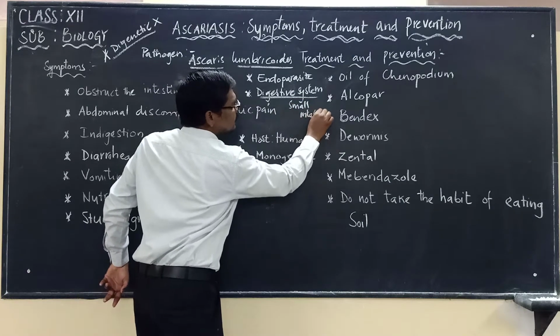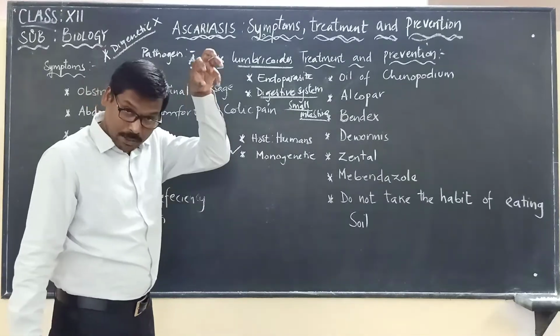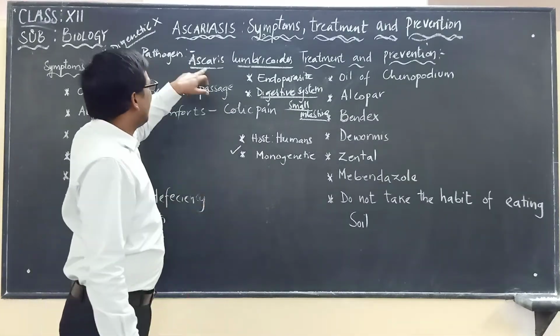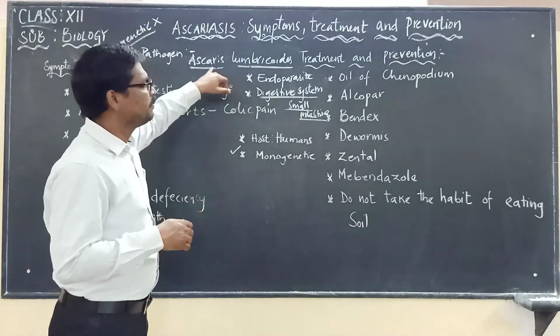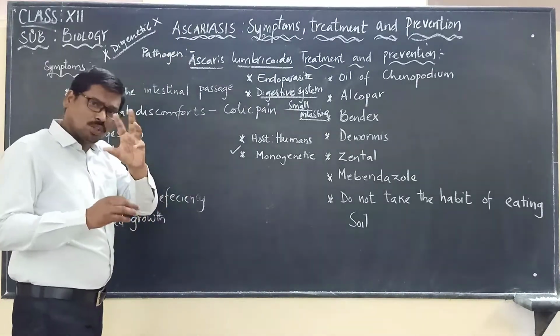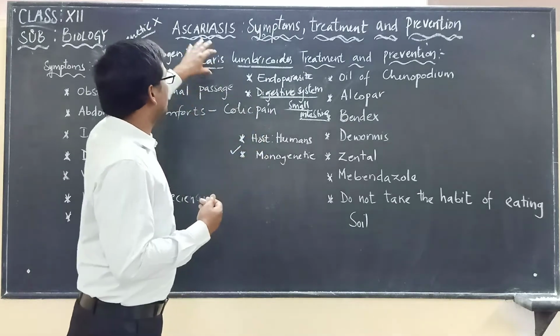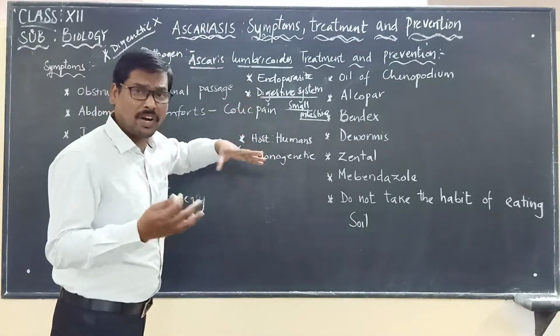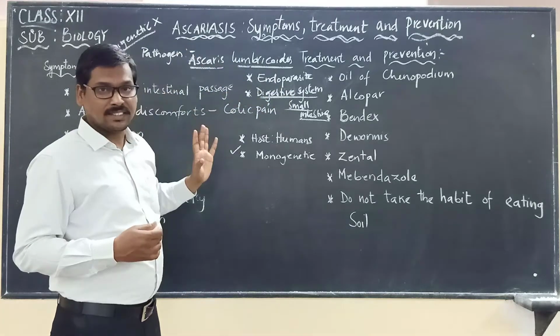The small intestine is the place where Ascaris lumbricoides will be multiplying and completing its life cycle, causing Ascariasis. These are simple points we have to keep in mind when we talk about the disease Ascariasis.